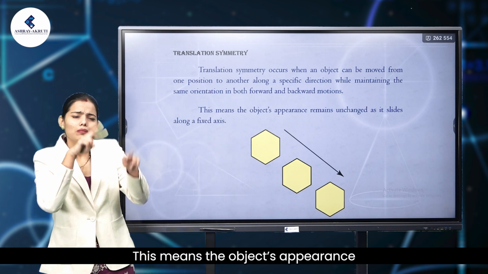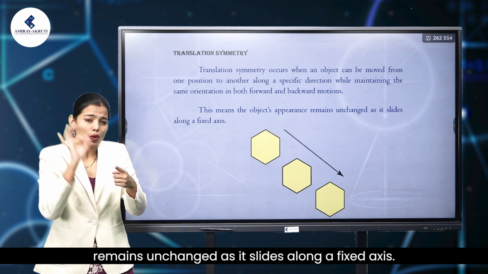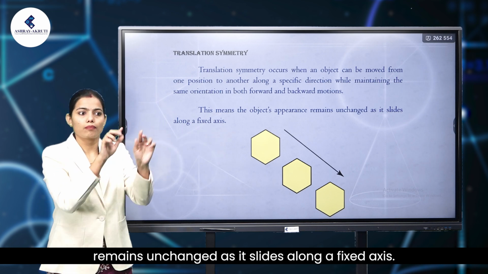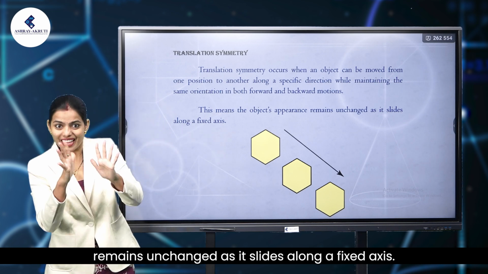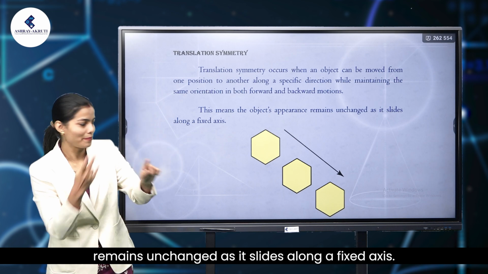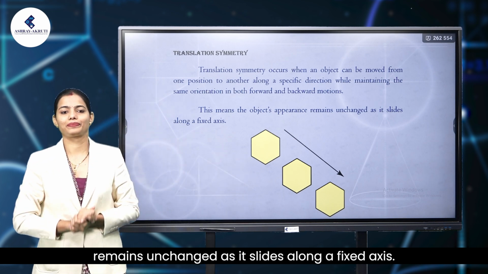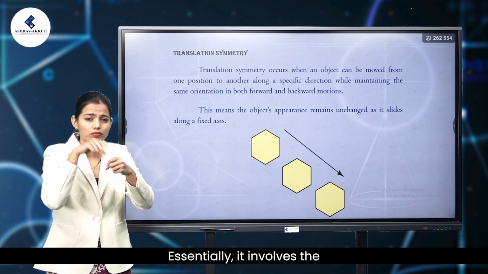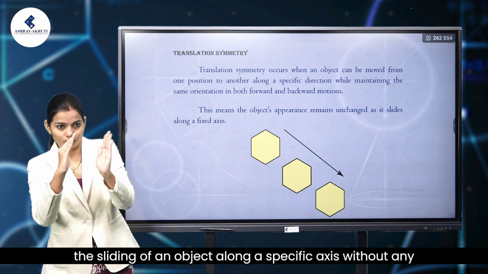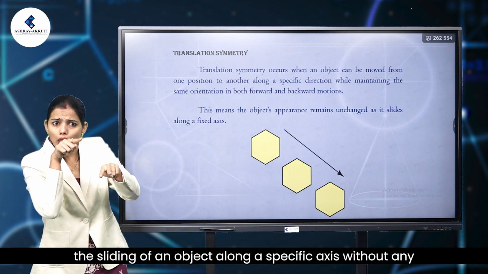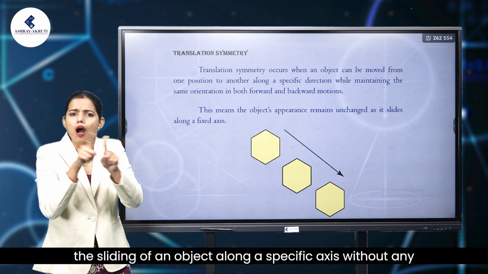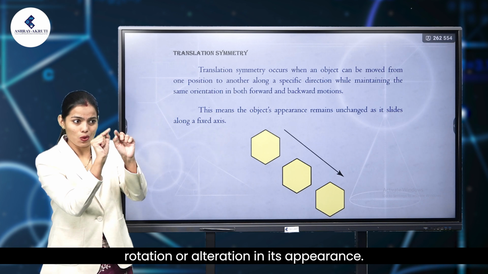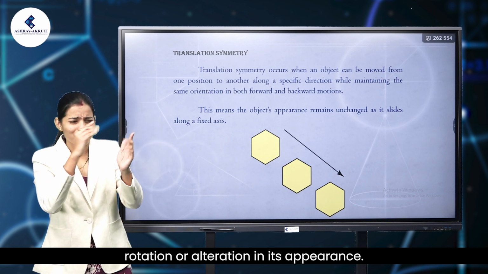This means the object's appearance remains unchanged as it slides along a fixed axis. Essentially, it involves the sliding of an object along a specific axis without any rotation or alteration in its appearance.